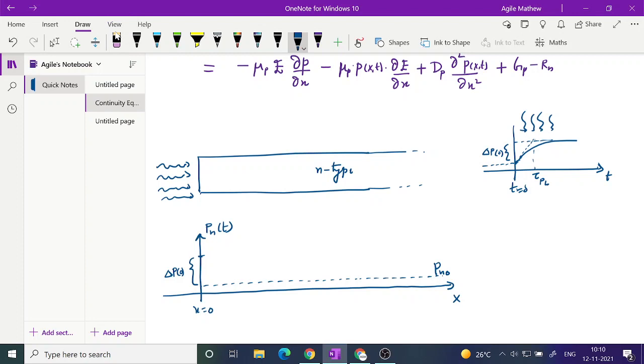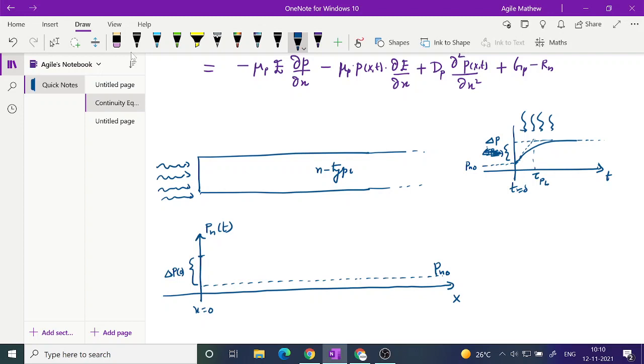Okay, so let me just write it as delta P. So after, if you wait for long enough time, then it will reach a steady state concentration beyond which it will not change. So initially it was Pn0, but after the light is switched on, it has become higher.